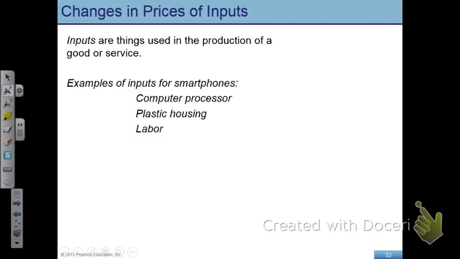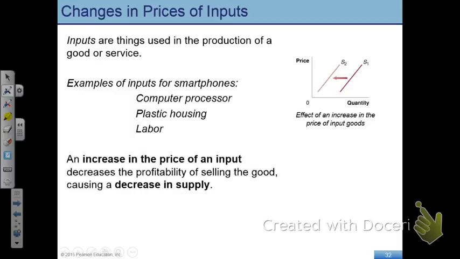So anytime there is a change in the price of inputs, it is going to affect the cost of production for our firm. For example, if we are thinking about smartphone production, labor is a factor, plastic housing is a factor, computer processor is a factor.